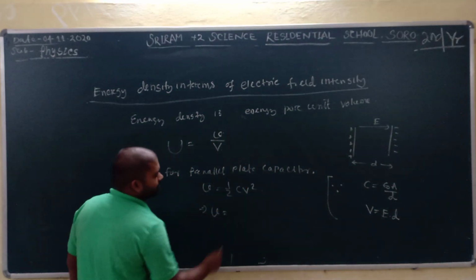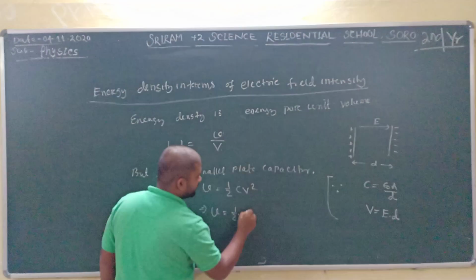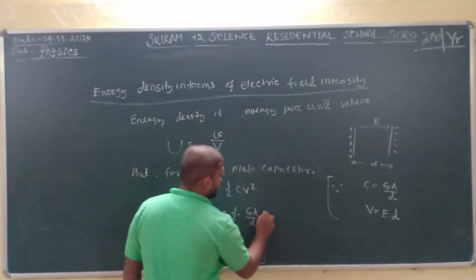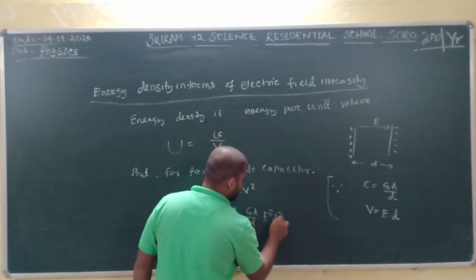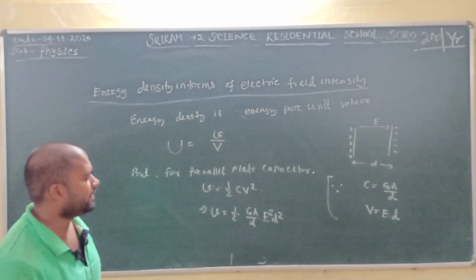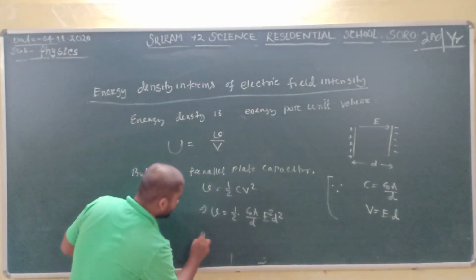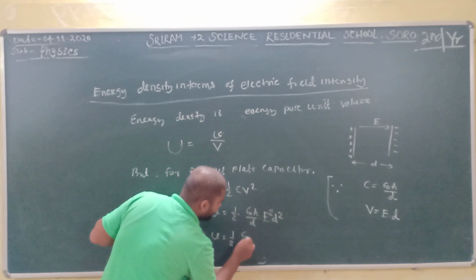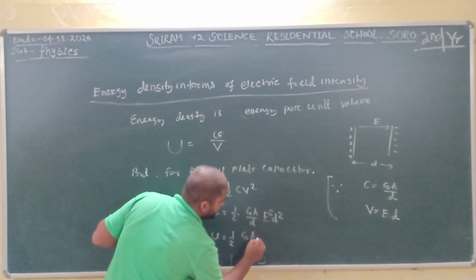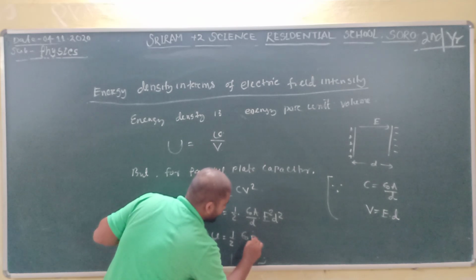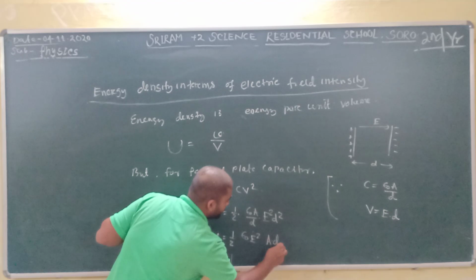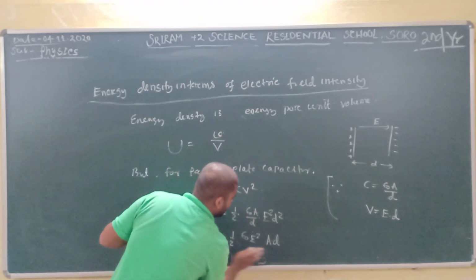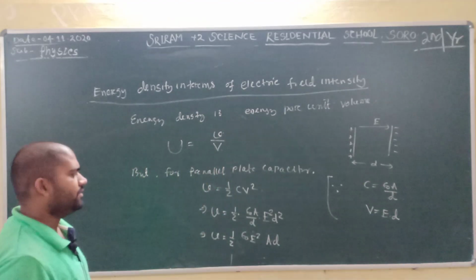So U equals half C, that is epsilon naught A divided by d, into V square, that is E square d square. So that will give U equals half epsilon naught E square A d.